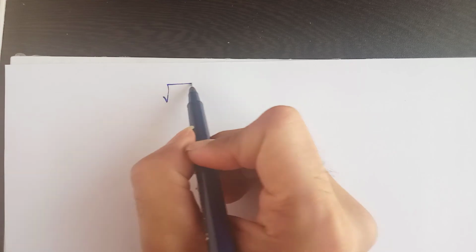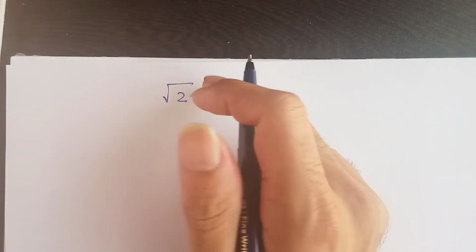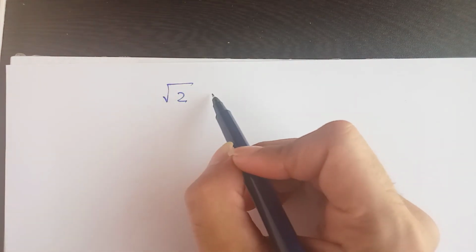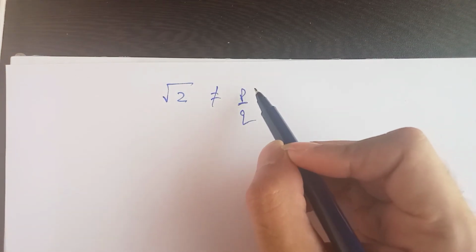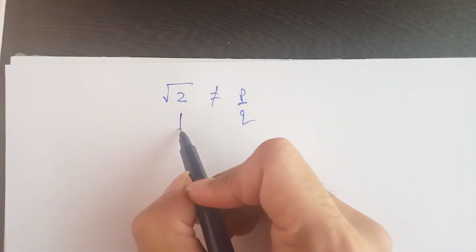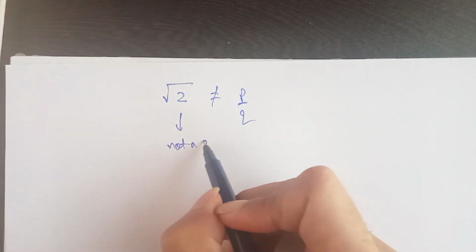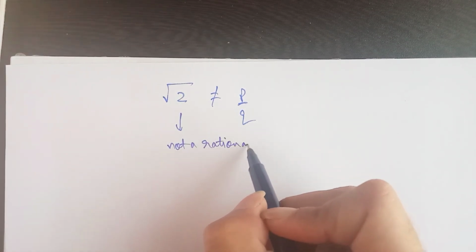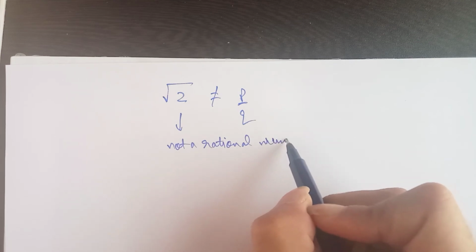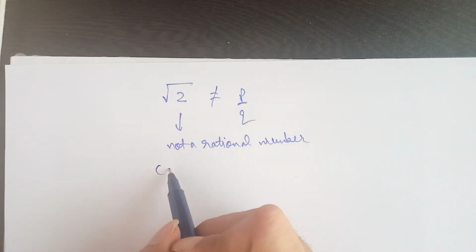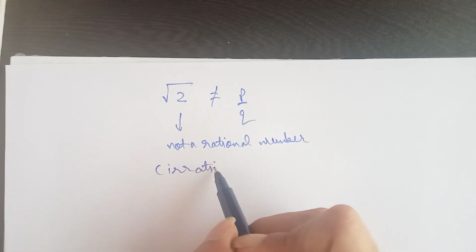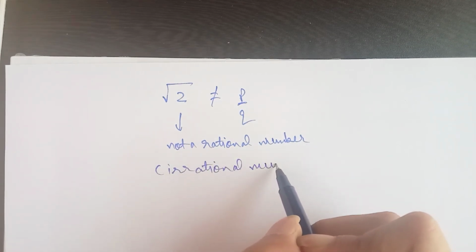There is a number root 2. Now the square root of 2 cannot be written in the form of p by q, where p and q are integers. So this is not a rational number. Such numbers which are not rational numbers are called irrational numbers.